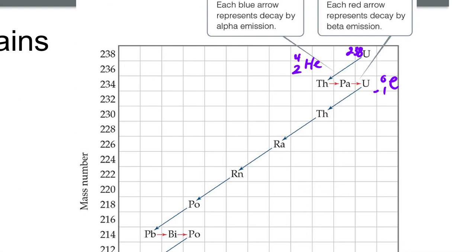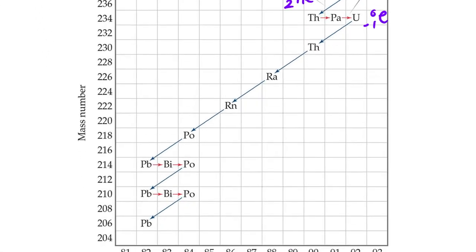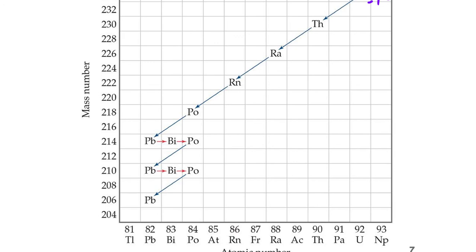I'm glad we're all lost at this point. That's good. Okay, what is it? Protactinium. Which then undergoes another beta emission to form uranium, and then that undergoes another alpha emission, and eventually we get down to a lead isotope.